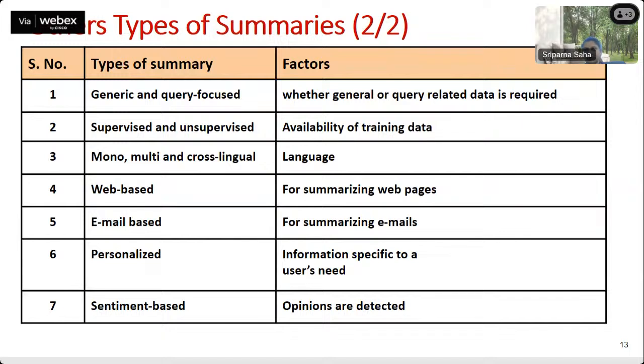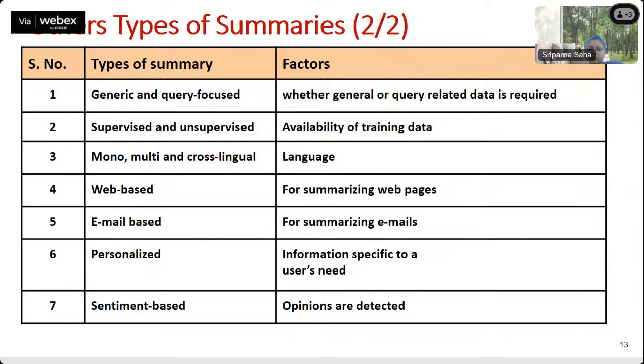If all the documents are written in a single language, then this is called monolingual summarization. And if the documents are written in multiple languages, then this is called multilingual summarization. And suppose in a document only some portion is written in one language and the other portions in another, like there is code mixing, so a document is written in multiple languages.